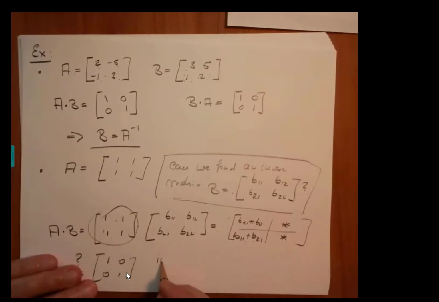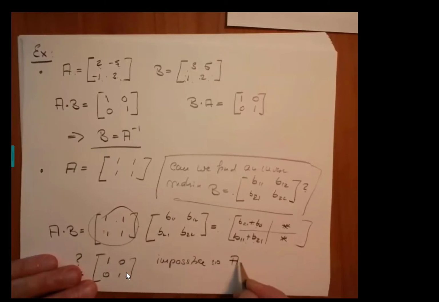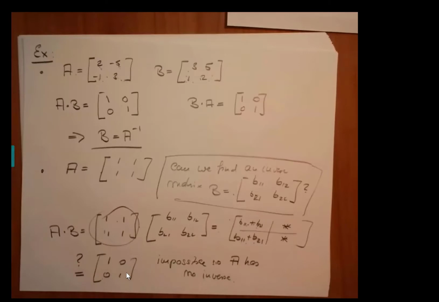So A has no inverse matrix. That shows you the situation even for 2 by 2 matrices is more complicated than for numbers. This is a wonderful matrix, has no zeros in it, but it has no inverse.